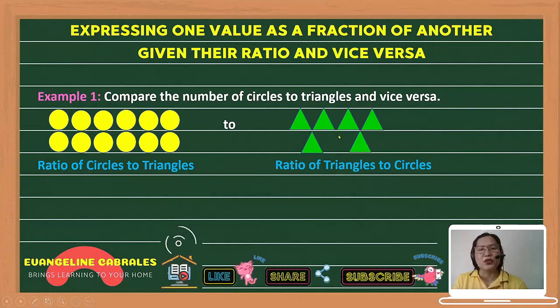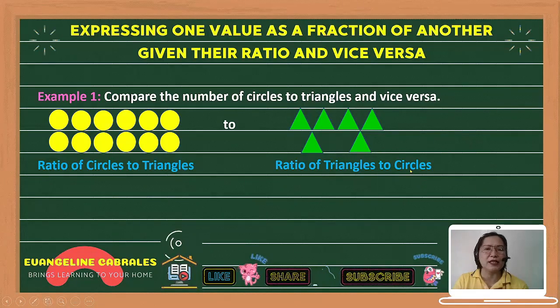At ilan naman ang triangles. Ating ibibigay ang ratio of circles to triangles at ratio of triangles to circles. Yan yung tinatawag na vice versa. Ang unang binigay ay ratio of circles to triangles. So, ano ang vice versa niya? Ang vice versa niya ay ratio of triangles to circles.